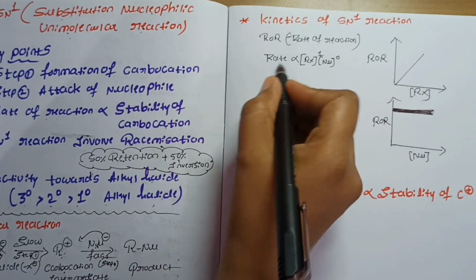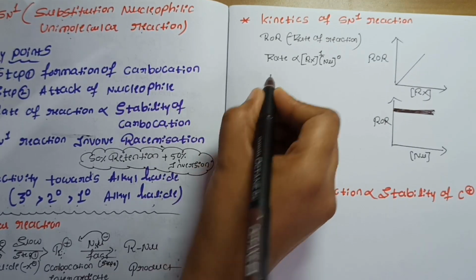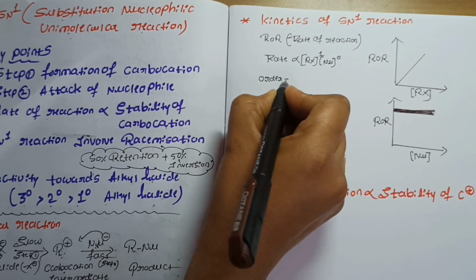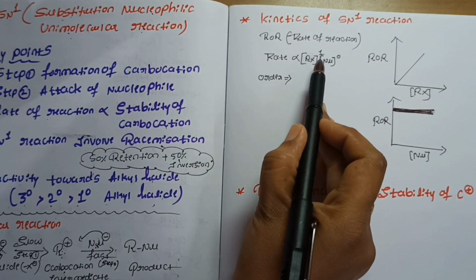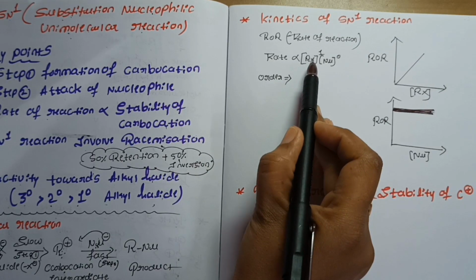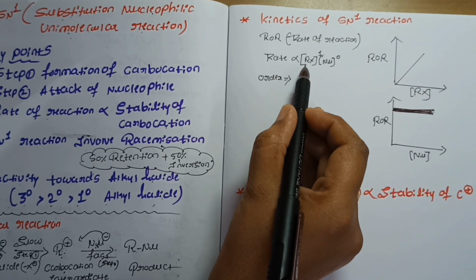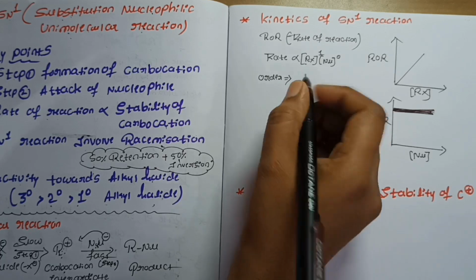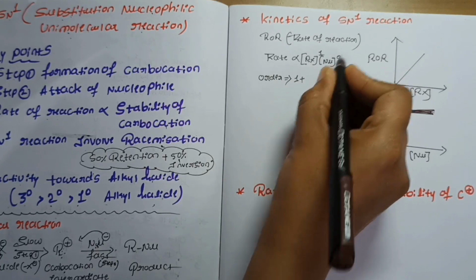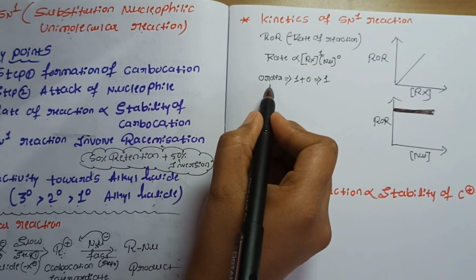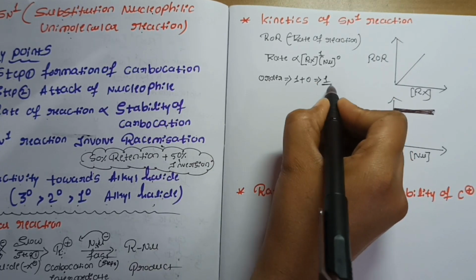Now next, from this we will get to know the order of reaction. Order of reaction is equal to the sum of the powers of the concentrations of the reactants involved in the rate expression. For this reactant, the power is 1, and for this, 0. 1 plus 0 is 1. So for the SN1 reaction, the order is 1.